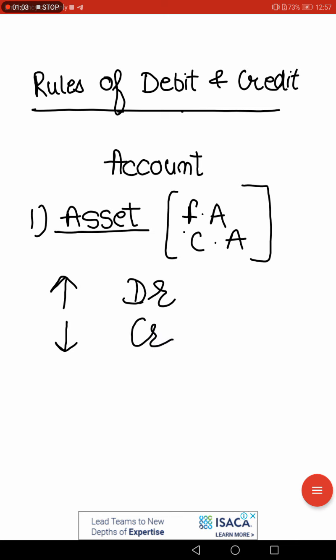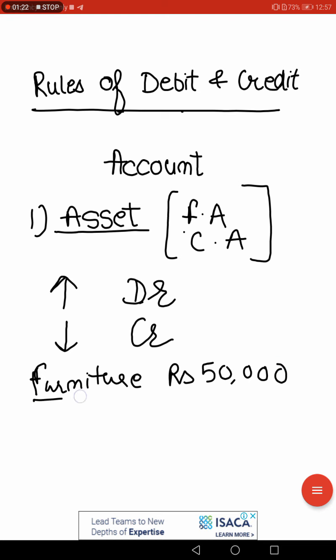Then, for example, suppose you purchased furniture. Furniture was purchased for rupees 50,000. Now when you purchase the furniture, what will be the effect? You will make the payment in cash.